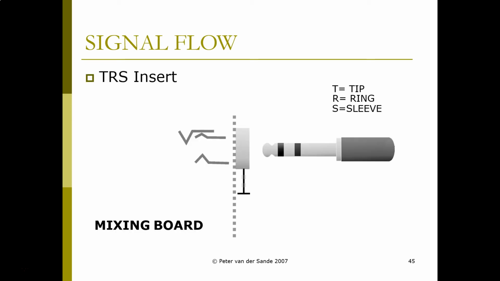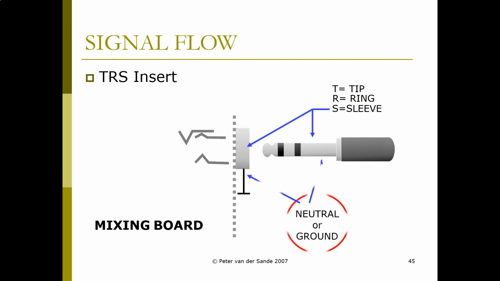And the tip ring sleeve connector looks like the 3 parts on the left. When there's nothing plugged into the circuit, the tip is connected to the ring, to the switch at the top. The ring is at the bottom, and then the sleeve is the little circle that the 1/4 inch connector on the right plugs into. That's also the neutral or the ground connection.